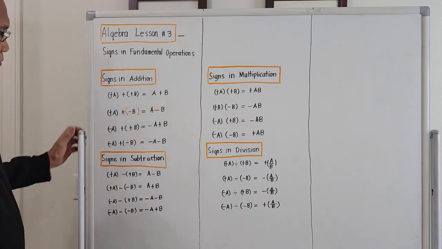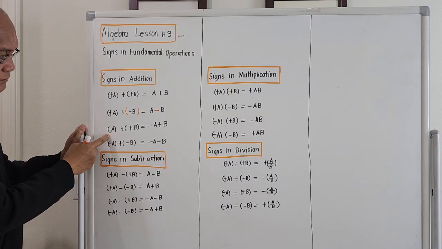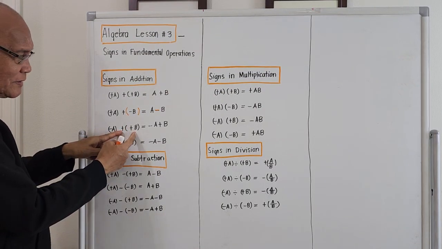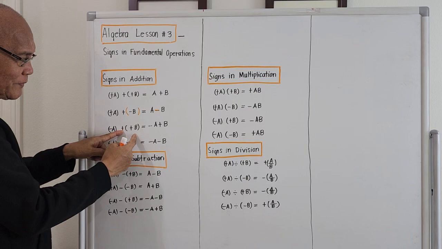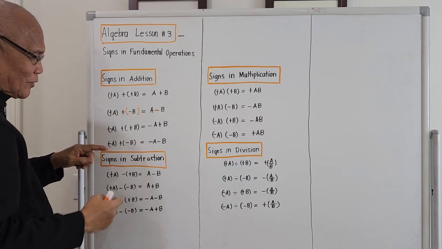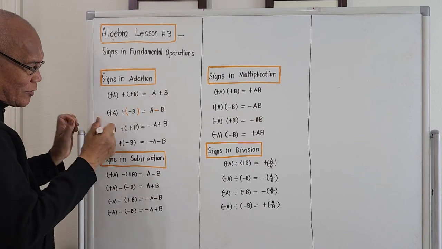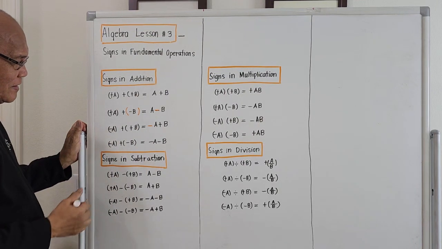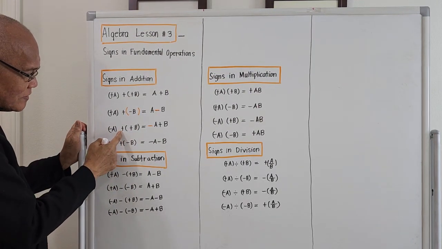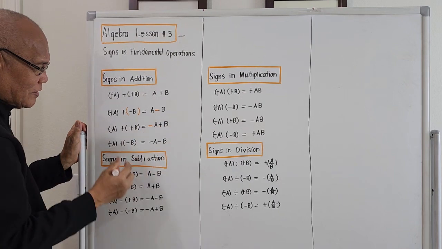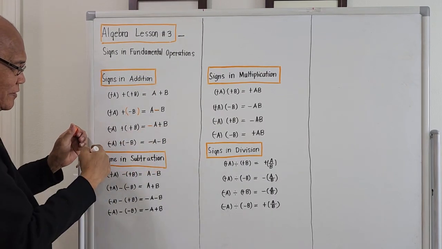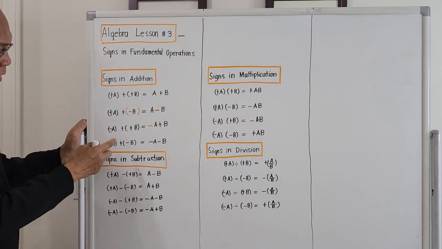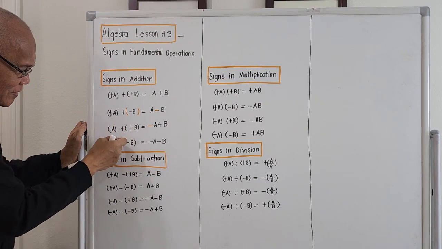Third possibility. If the first number is negative, plus the second number is positive, like this one. Simplifying this one, this is negative A, so we will just write negative A. A plus and a plus will be plus, so this is plus B. So if we try to add this one, it will be negative A plus B. So you now know the importance of this quantity here.